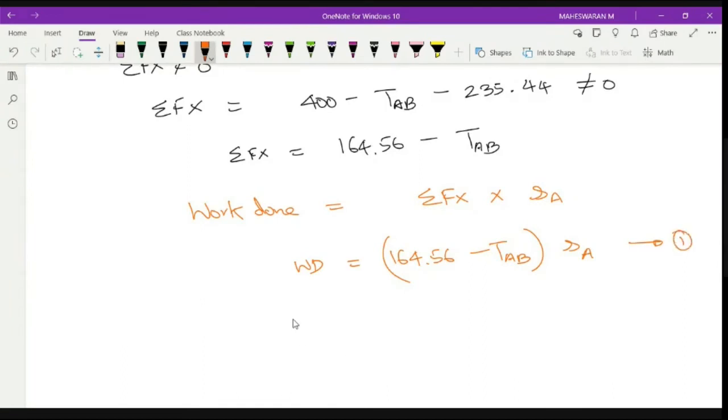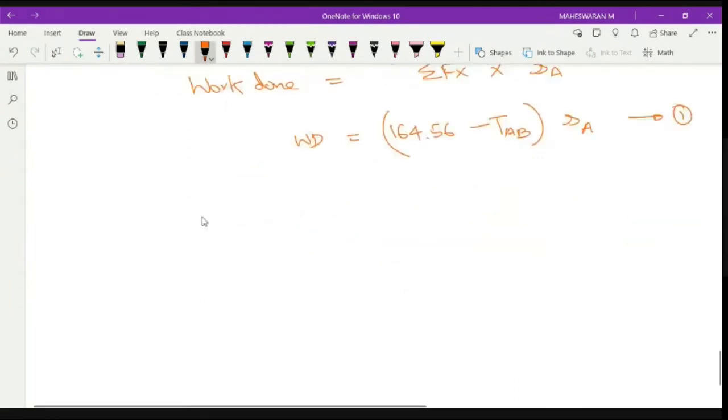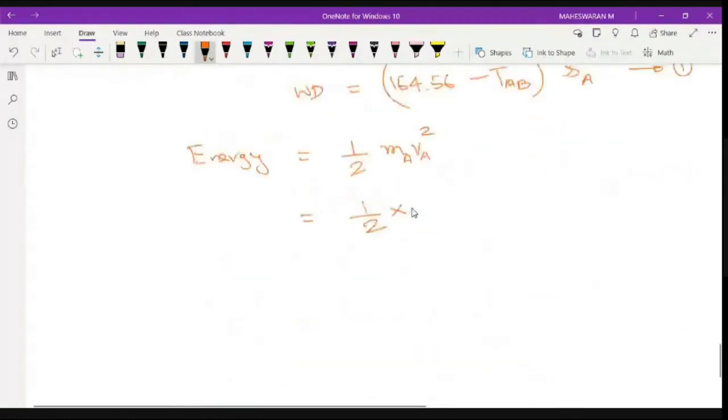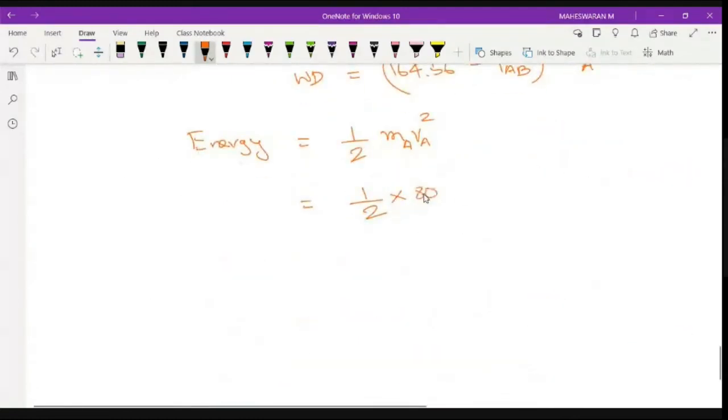The next step is I have to identify energy. What is my energy? We know that half m v square, which means VA square. What is the mass of block A? The mass is 80. So half into 80 into VA square, which means I'll get 40 VA square.